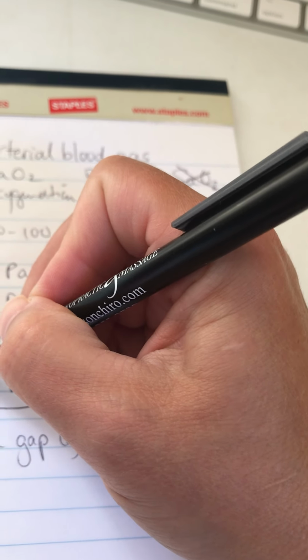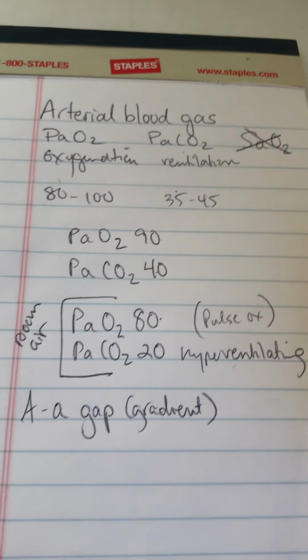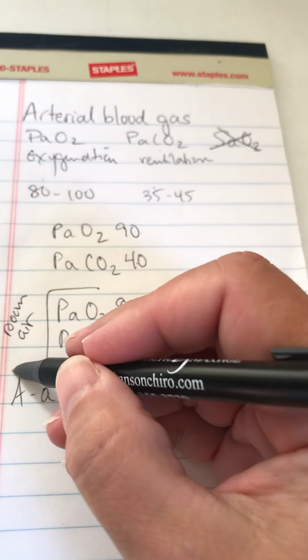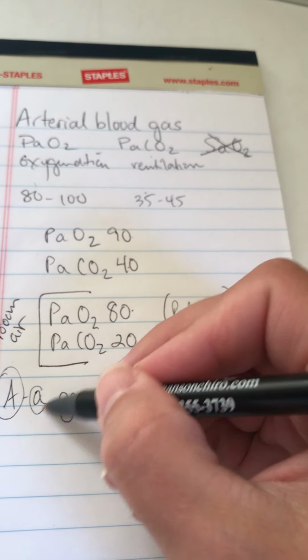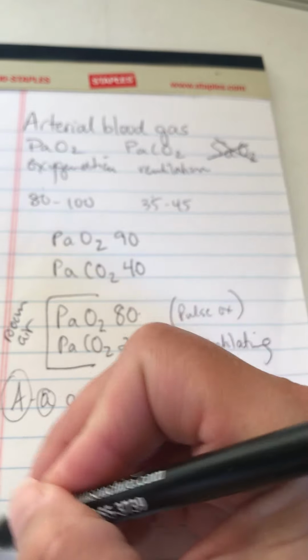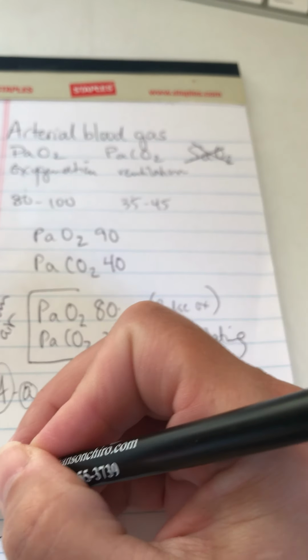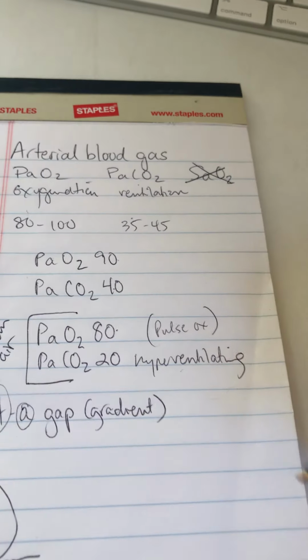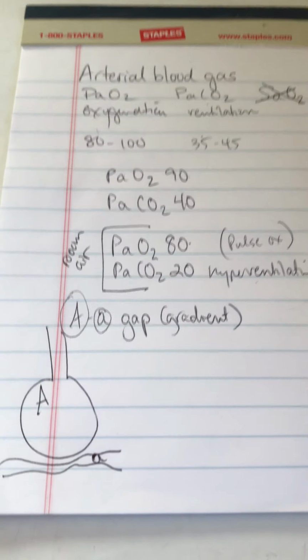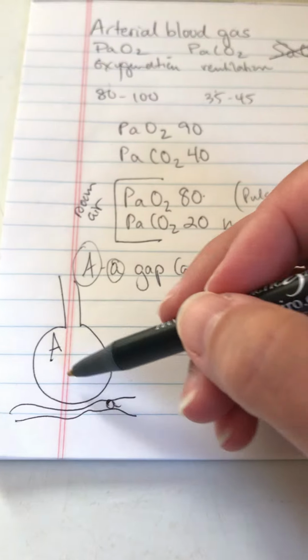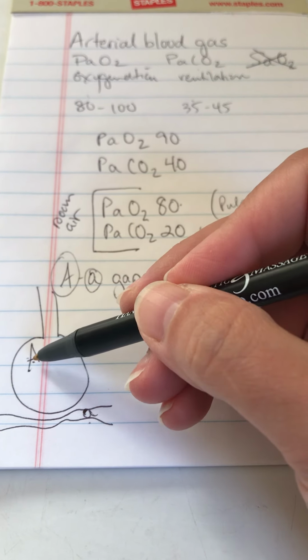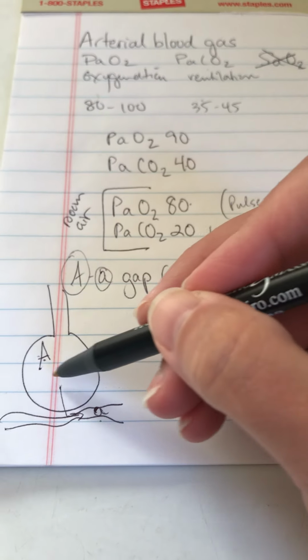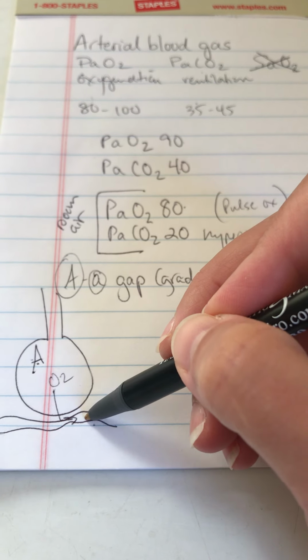When I am looking at the AA gap, I'm looking at the alveolus and the artery. So this is your diagram of the alveolus and the little artery going by. How much oxygenation is picked up? You're going to look at the gap: what misses, the oxygen that doesn't get picked up from alveolus to artery.